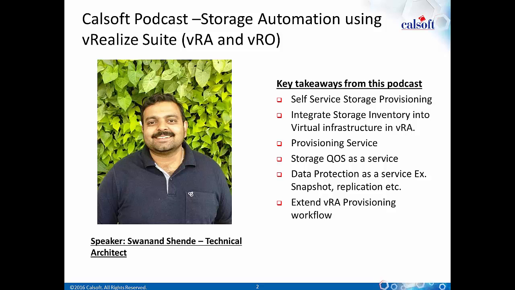All of these objects are available from vSphere, so you can operate on those objects. When I say operate, you can manage those objects. But for a third-party storage vendor, the objects related to his offering are not available in vRA and vRO out of the box. So the end user is not able to operate on those objects directly.